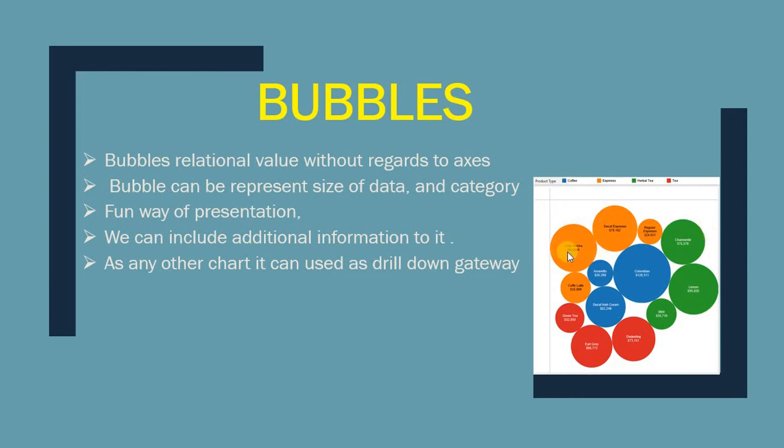For example, if this point is aggregated for one region, we can use that to drill down into subregions, or maybe cities and towns, and maybe stores as well. We can even go to the level of sale point, if it is sale data. It's for a single data point, data line. So bubbles are a very nice presentation in Tableau.